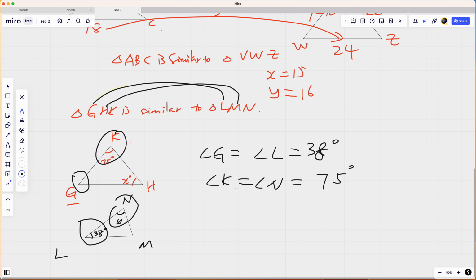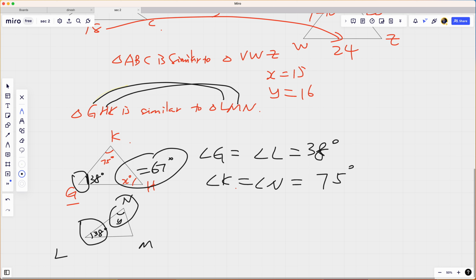So in a way, this is 38, then you label this is 38. So if this is 38, this is 75, what's your X? 67.